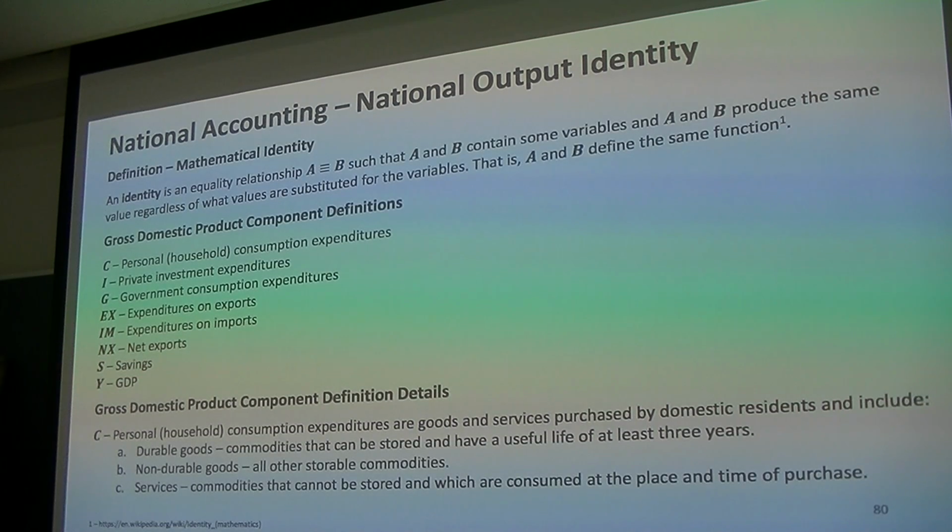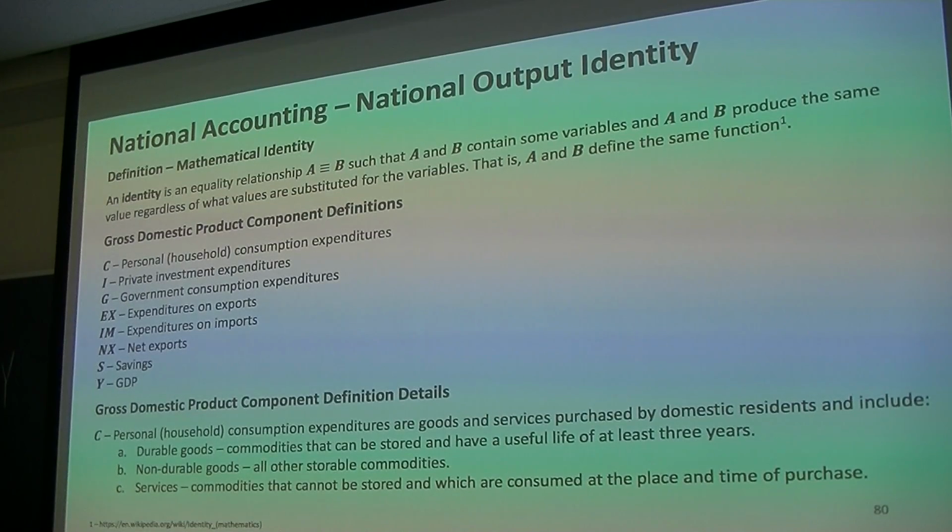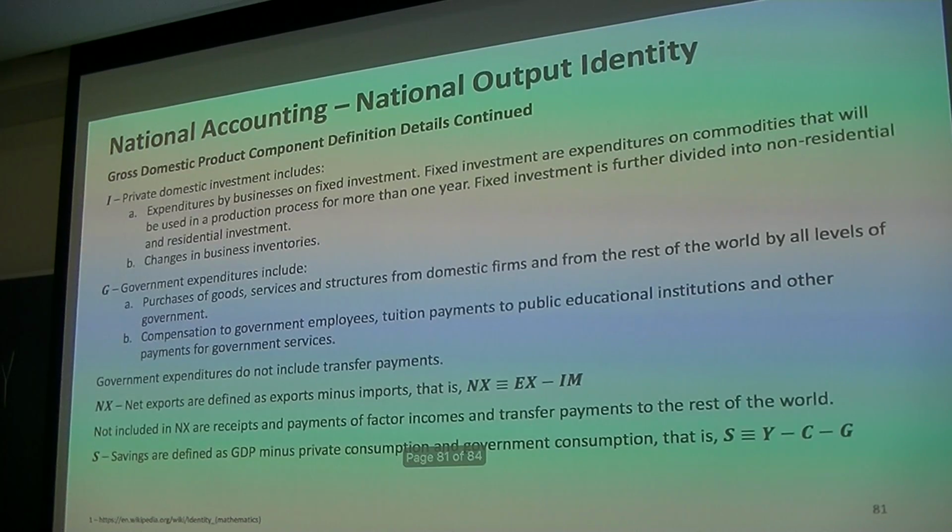We use Y for GDP. The reason we use Y is because we ran out of other letters. We use G for government, so we have Y for GDP. This talks about what each of those are.